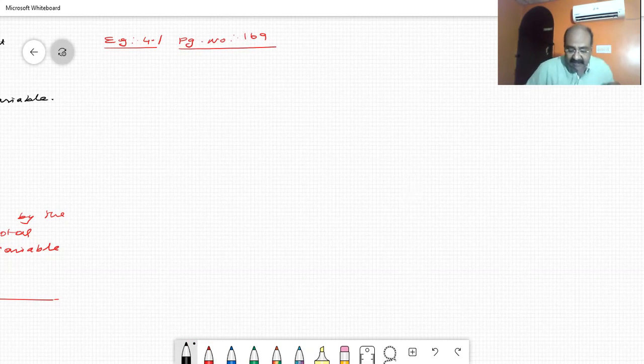A box is pulled with a force of 25 Newton to produce a displacement of 15 meter. So the force acting on the body is 25 Newton. How much displacement has it produced?